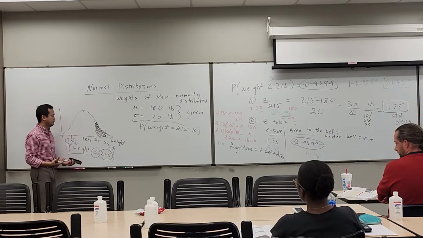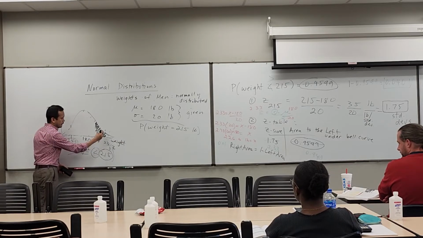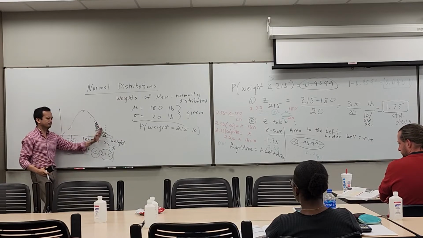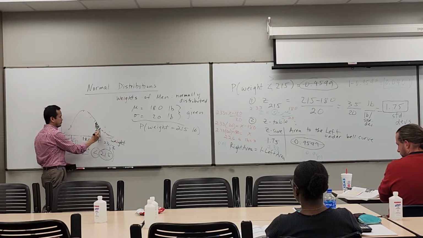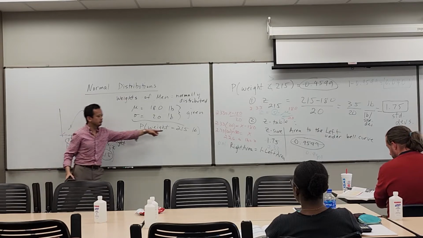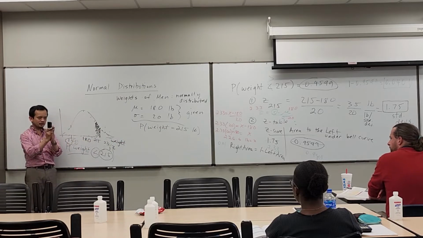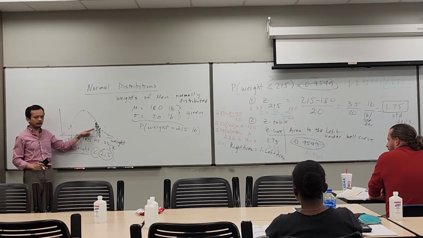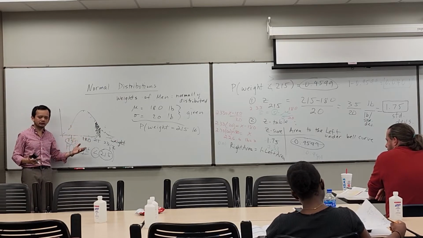And then if I ask you what's the probability that a man weighs between 215 and 220, then instead of 230, this wall moves to the left, and now you're only finding the area between 215 and 220, if that was the question. But now if I ask you what's the probability of being exactly 215, then both these walls basically collapse into 215, and you're finding the area in between those two walls on the bell curve, so what would that area be?